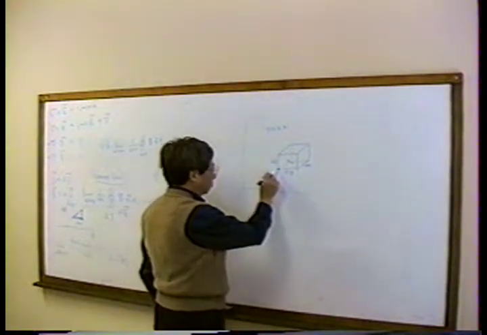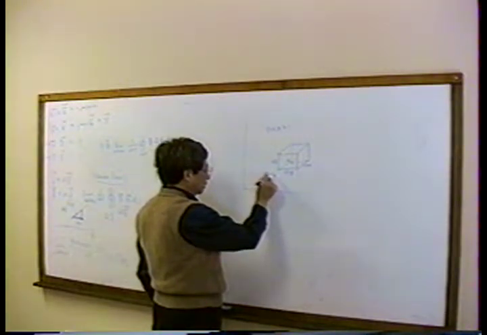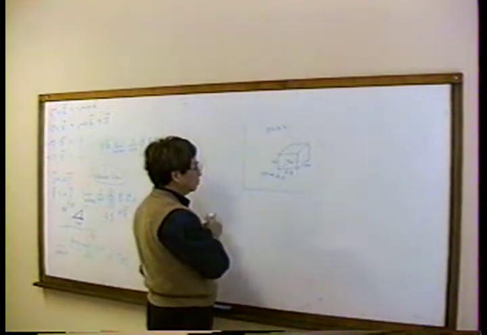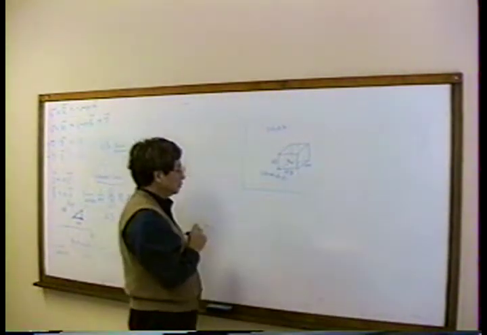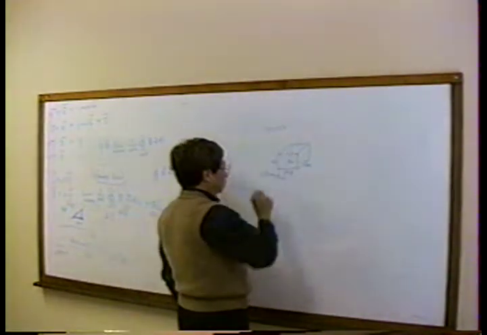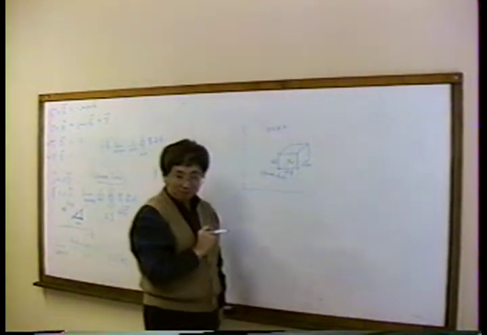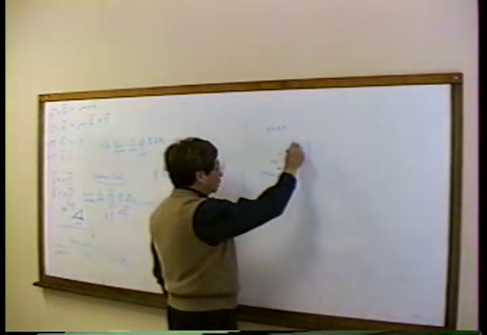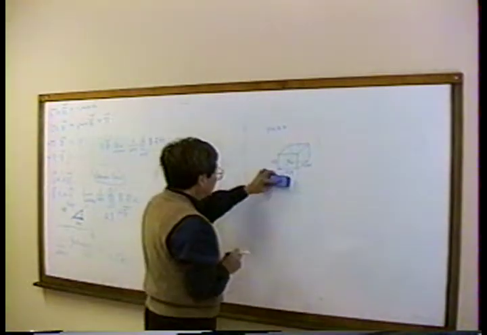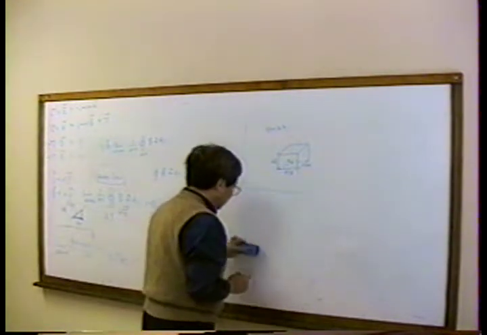This other point is X plus delta X, Y, Z. This point here will be X plus delta X, Y plus delta Y, Z plus delta Z. So you know all these 8 corners now.